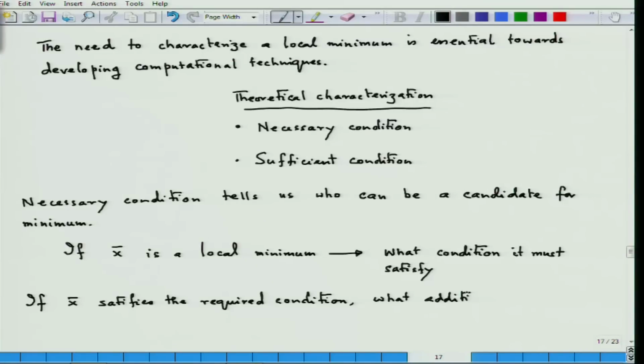It tells you, okay, if these conditions are satisfied along with the fact that x bar has come from the computation that you do with the necessary condition, then that x bar is a minimum. What condition must it satisfy so that x bar is indeed a local minimum?